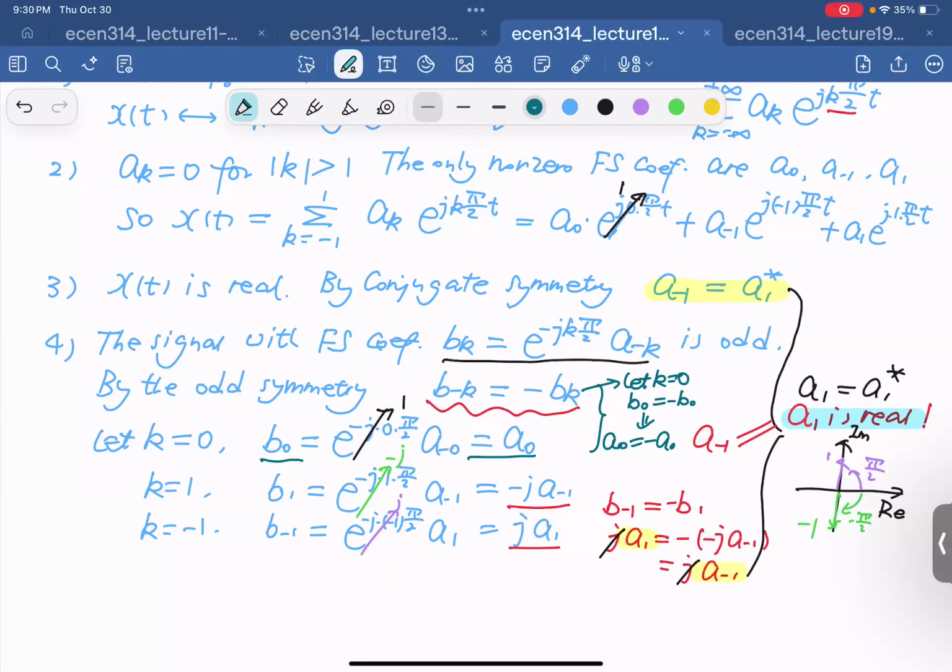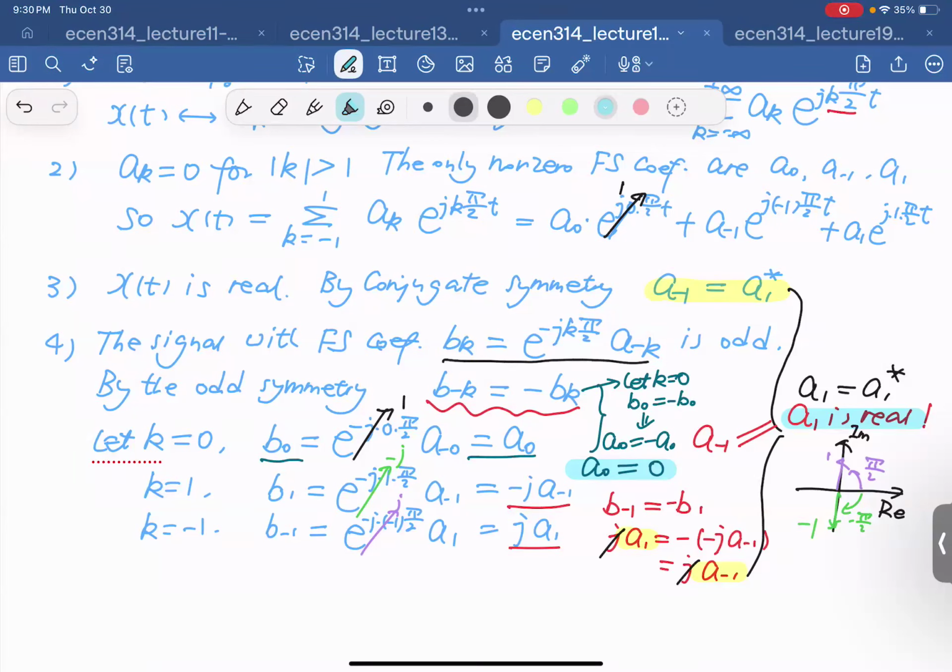Well, that means A0 equals 0, right? So this is another derivation we had.